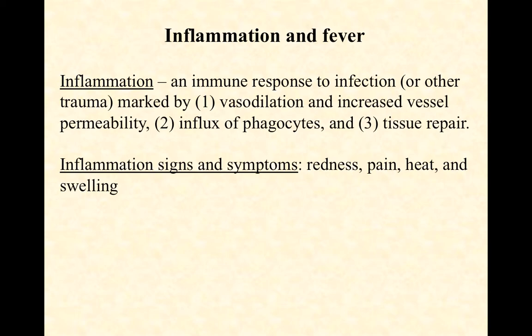And so the way they exit is by crawling through the blood vessel wall. The more permeable the blood vessel wall becomes, the easier it is for these components to leak out into the site of the infection. So vasodilation and increased vessel permeability really are hallmarks of inflammation. And it's that vasodilation and increased permeability that leads to the swelling associated with inflammation.